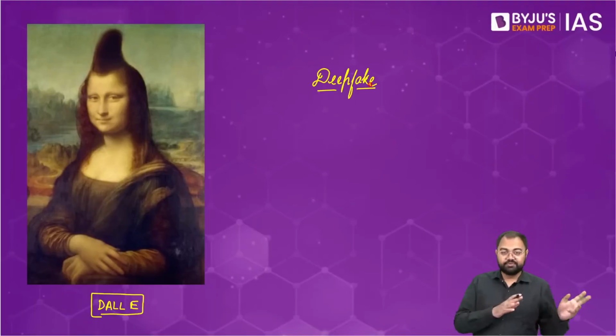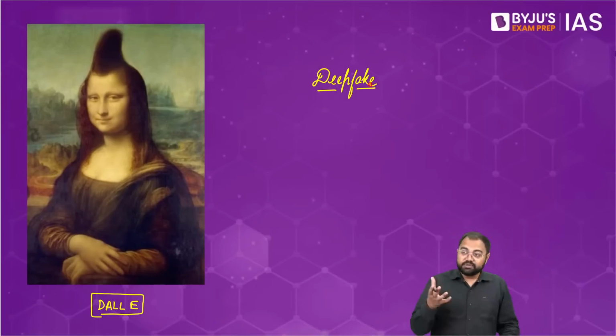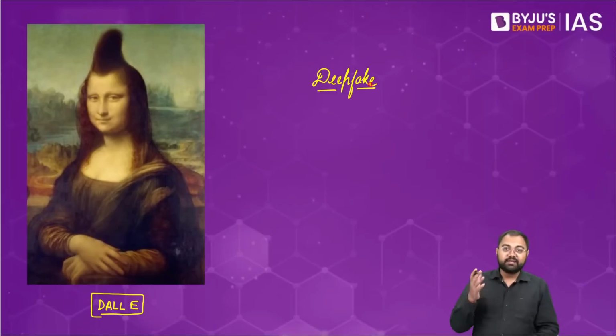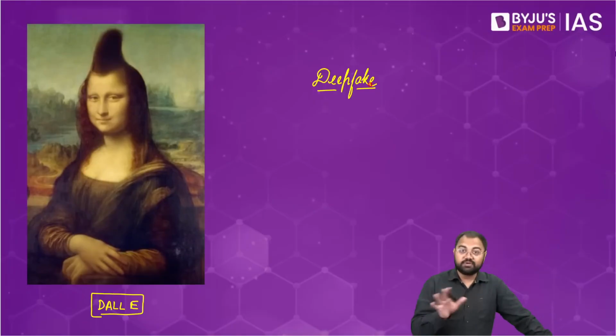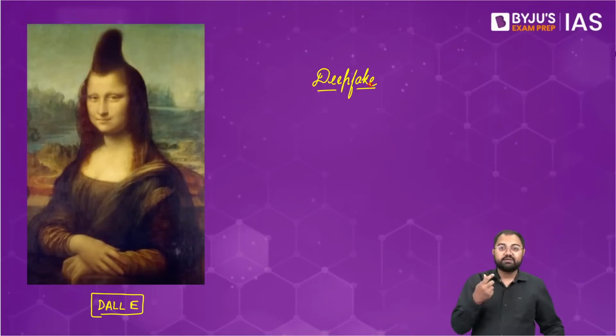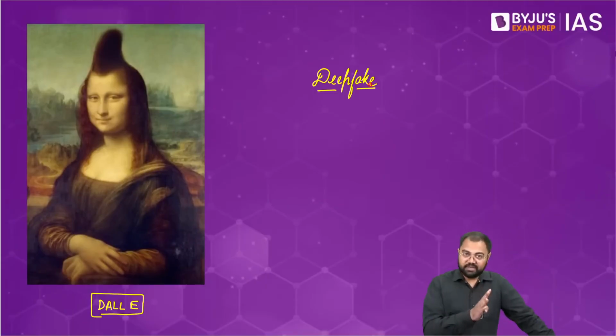Very famously, a few years back, the deepfake videos of Barack Obama and Vladimir Putin became very famous, because they were created by AI, with even the voice being exactly the same, and looking like they are speaking, even though they were not. Someone was able to make a video where it looked like Barack Obama was really saying something, but actually it was not him. It was just a deepfake based on artificial intelligence.